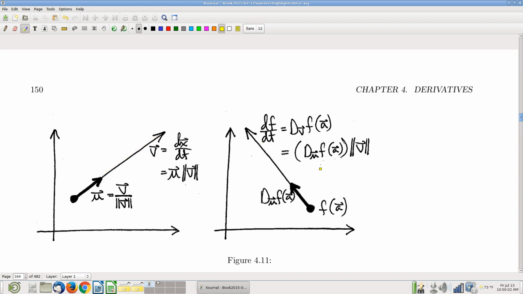And you might say to yourself, what's the point? Why take our perfectly tolerable vector here, divide by magnitude to get the unit vector, and then subsequently multiply by magnitude to recover the directional derivative?